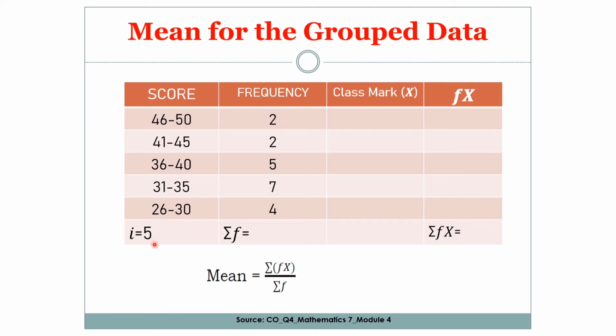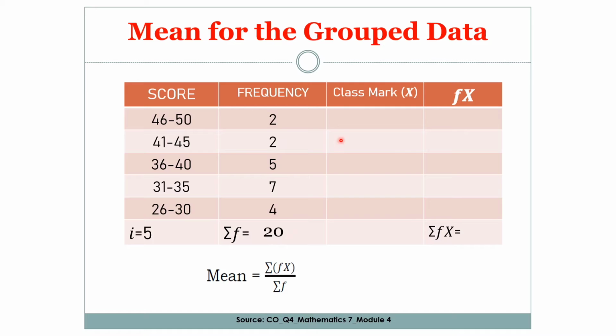That is denoted by the symbol small letter i. The second column is the frequency. Since we already have the frequency of each class, what we are going to do is add all the frequencies in order to obtain the value of this symbol or variable. And that is equal to 20.